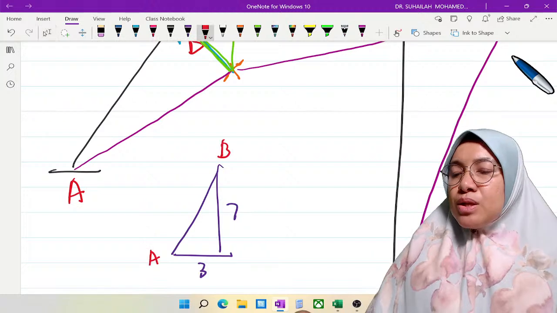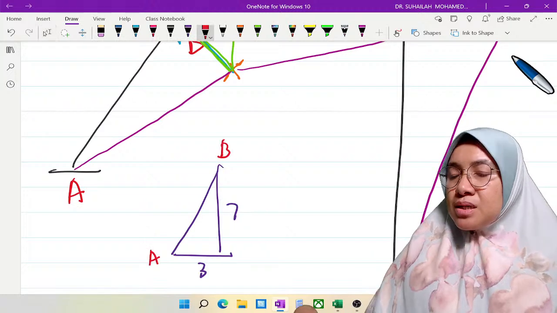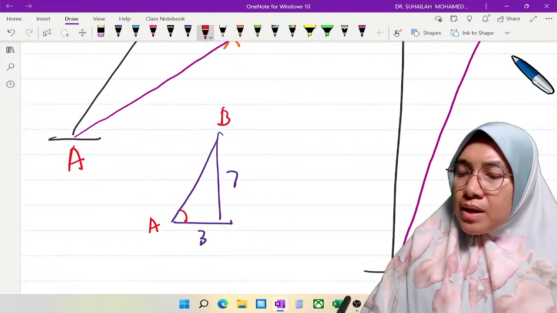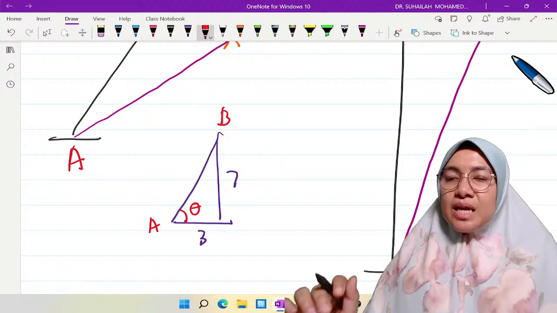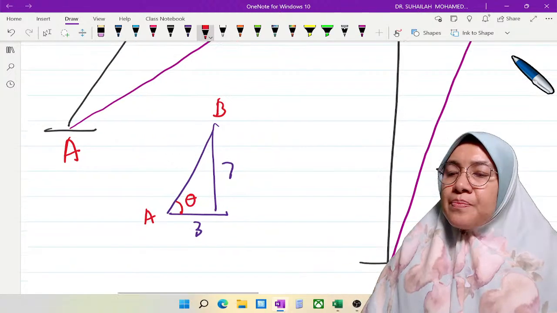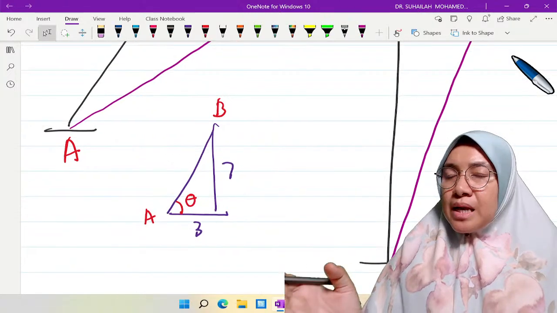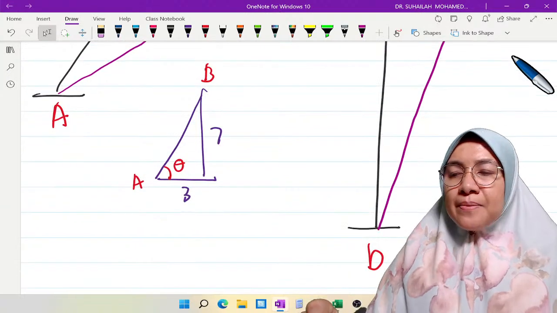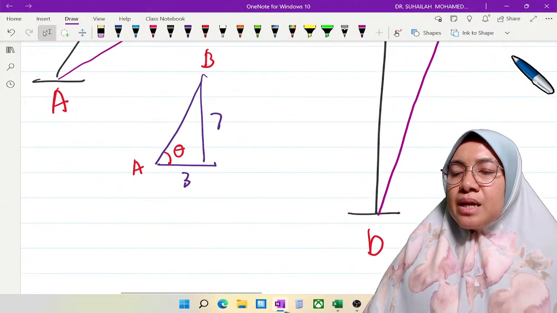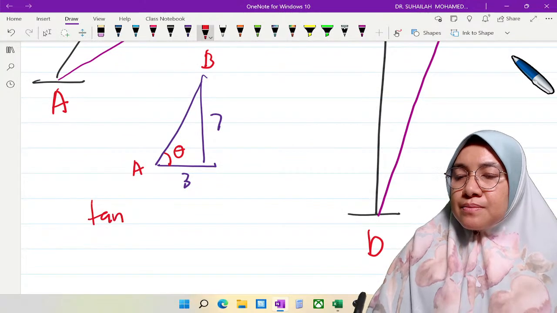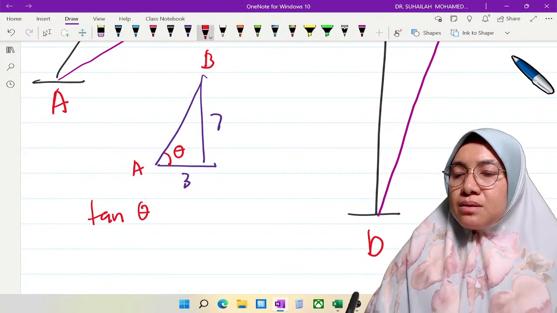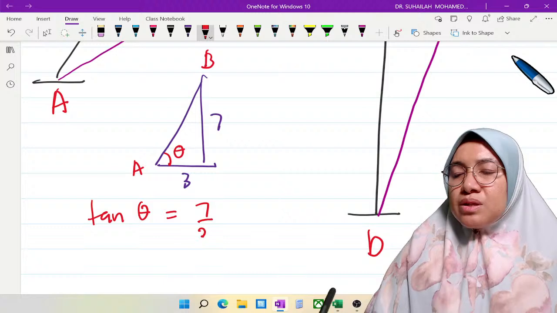So we want to have, okay, don't put it here yet. Put it here first. So we want to have this theta here. We want to find theta for AB because AB is inclined. Find this value first. We use tangent. Tangent theta equals 7 divided by 3.